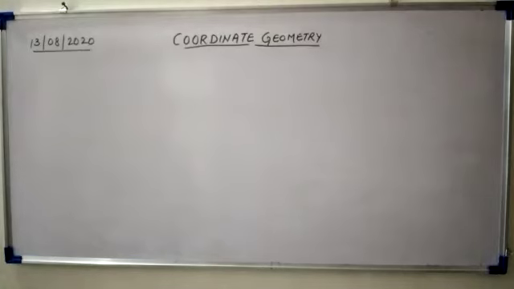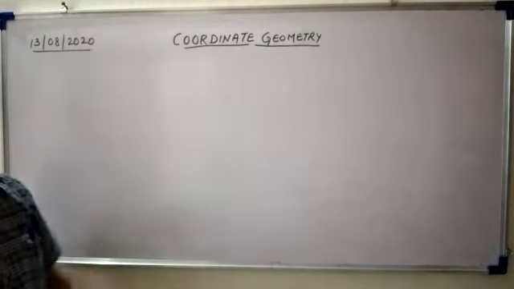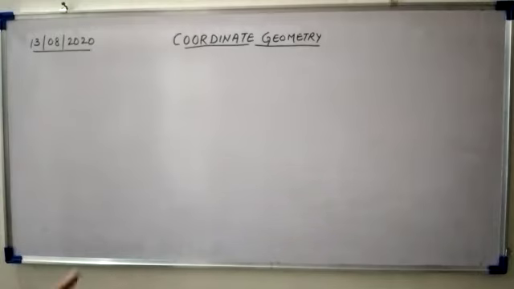Good morning, children. We were doing coordinate geometry, and in this section we have read the Cartesian plane, the axes, and how to find the coordinates of a point which lies in any quadrant.